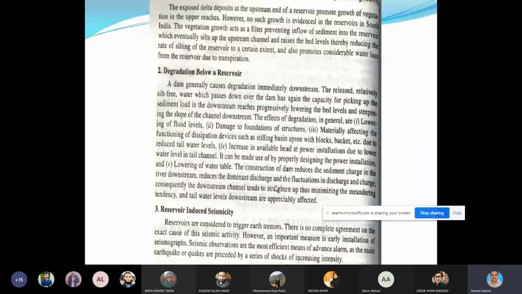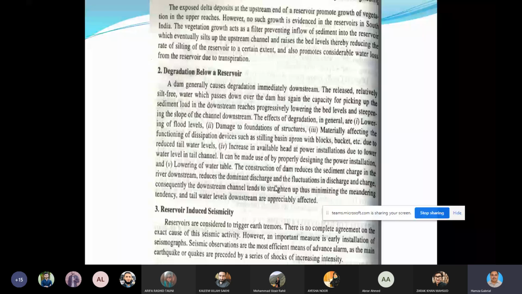So SOPs have been developed that every year before monsoon, these reservoirs have low flows in them, and we have to fill them. So by the 15th August or 30th August, we have to fill these reservoirs, and we don't suddenly fill them. There is a filling rate already specified, and gradually we fill the reservoirs.